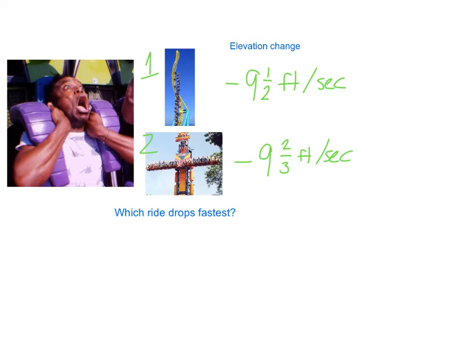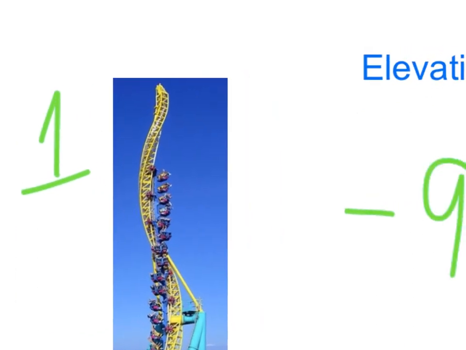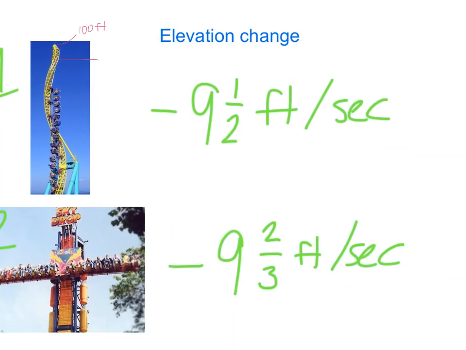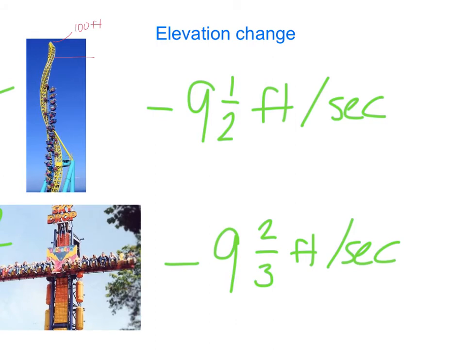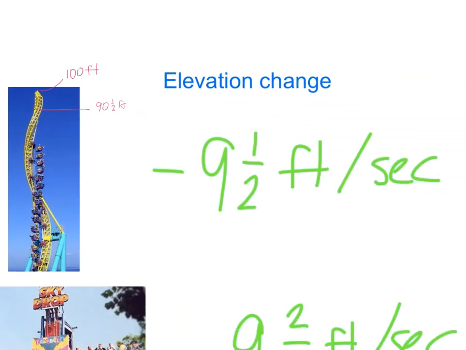So what that means with a negative 9.5 feet per second is saying that if they're starting up here, and let's say that's just 100 feet tall, in 1 second they're going to get to there, which is 9.5 feet below the 100. So the actual elevation would be 90.5 feet, because that would be 9.5 feet below where they started.